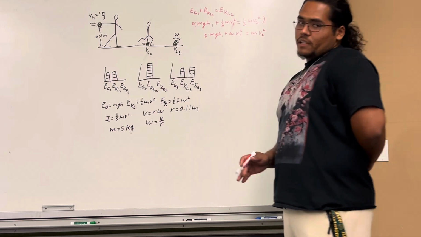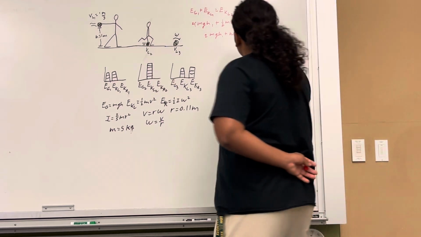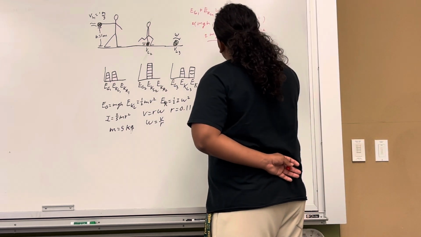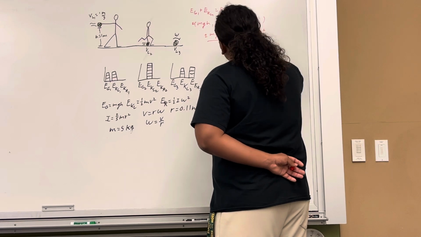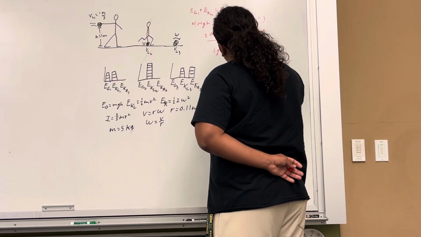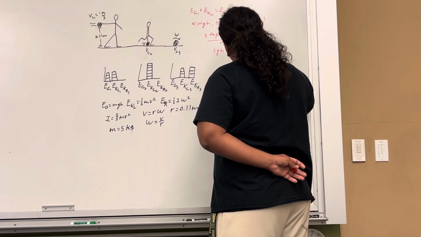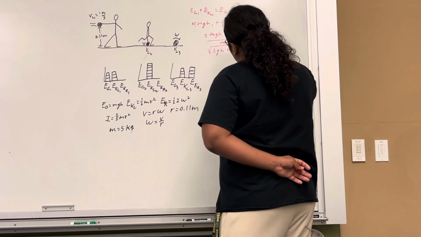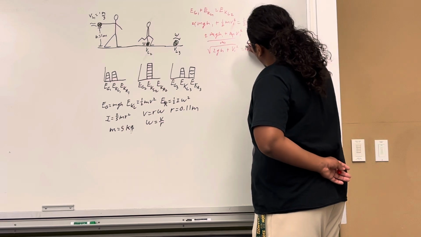Then we'll divide both sides by m to cancel out the m's, because they both have mass. And then we'll square root both sides to get rid of the squared up here.